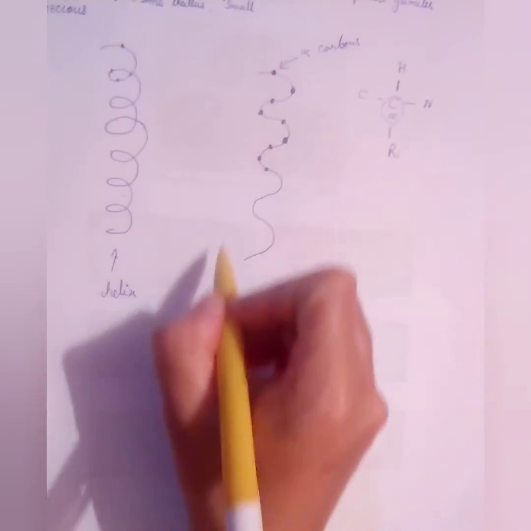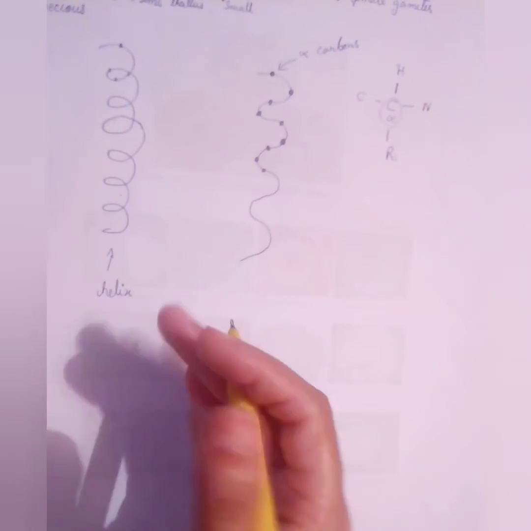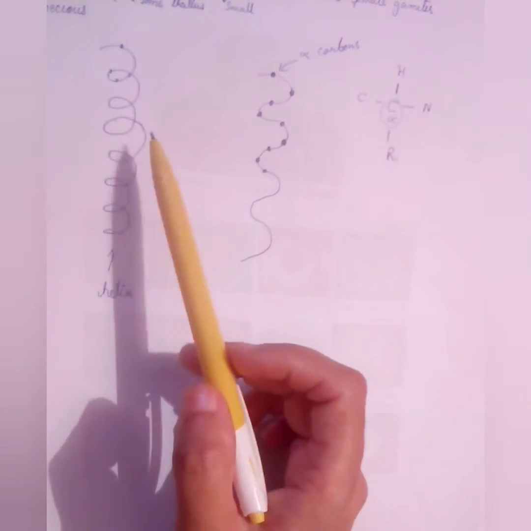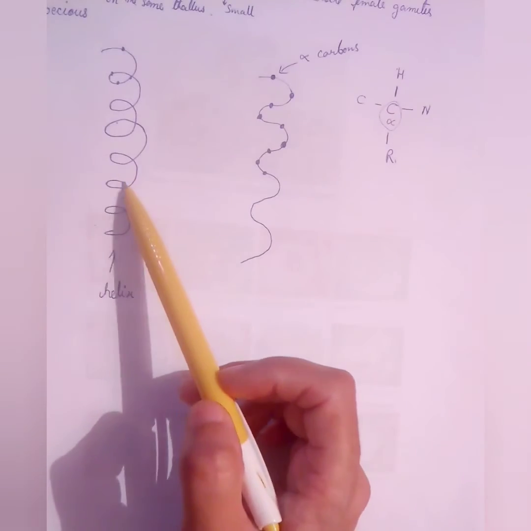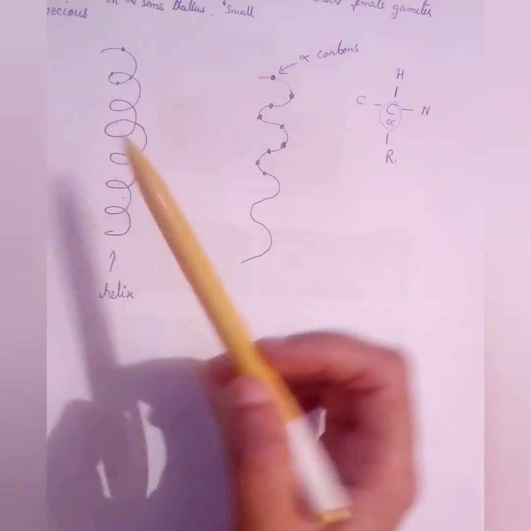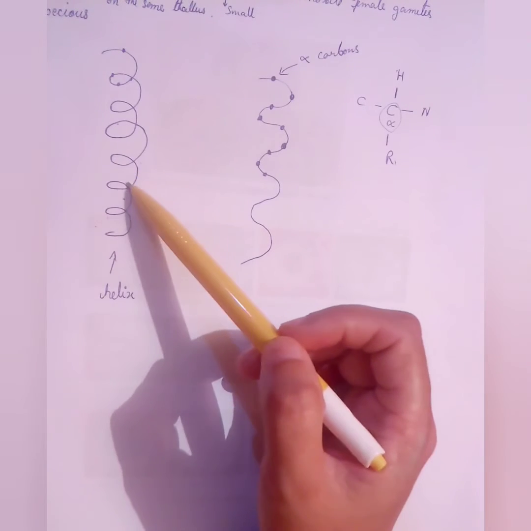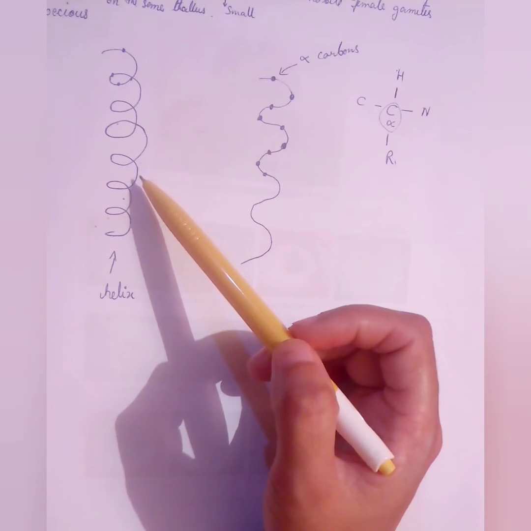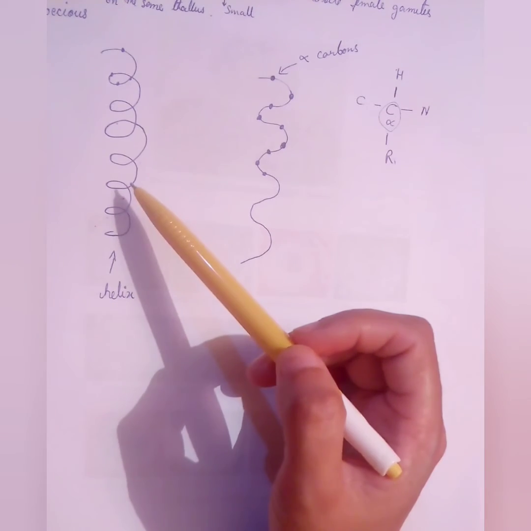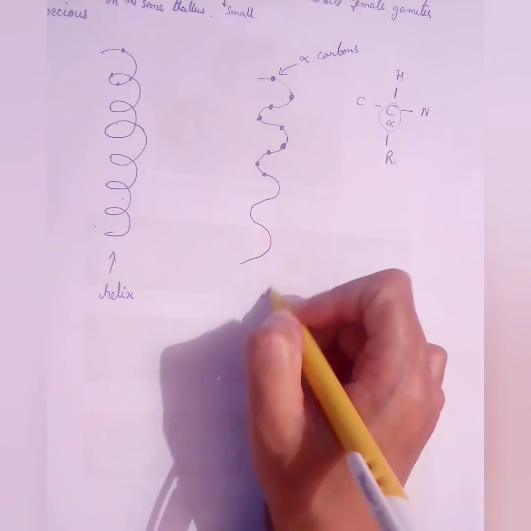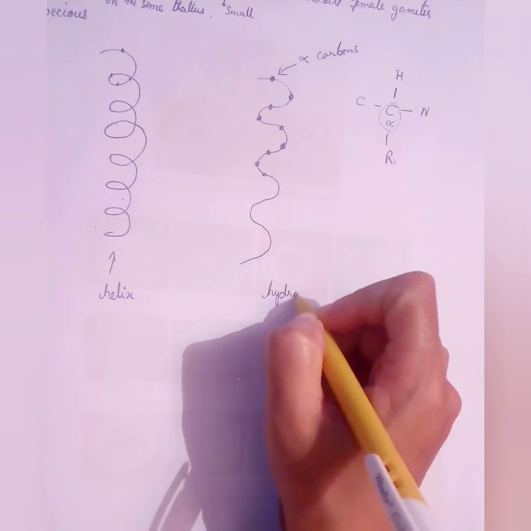It folds this way, so it is right-handed, to form an arrangement in which each amino acid residue's carbonyl group is linked through a hydrogen bond.